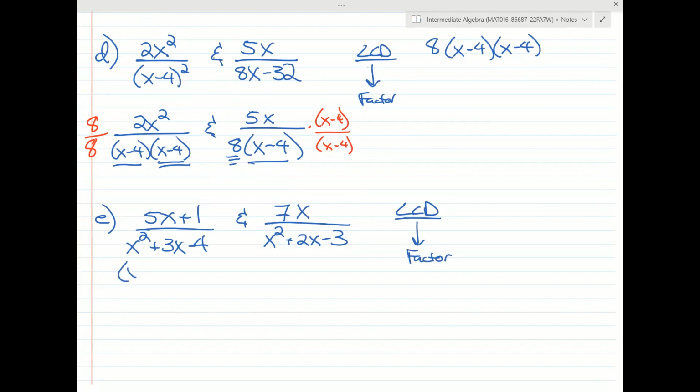This would factor to be x plus 4 times x minus 1. Spent a lot of time on factoring. This would factor to be x plus 3 times x minus 1. So for our LCD, we definitely need an x minus 1. We also need an x plus 3. And we also need an x plus 4.